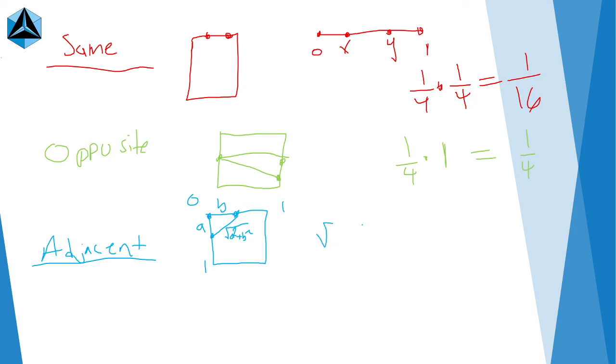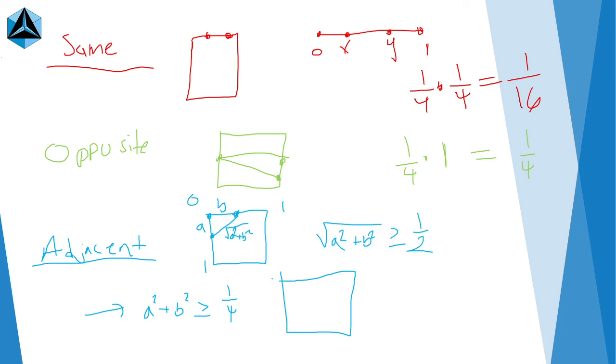So in this case, we want A squared plus B squared to be greater than or equal to 1/2, because it has to be at least. And this corresponds to A squared plus B squared is greater than or equal to 1/4. And in terms of our area, we can let this be the A and this be the B. We can see that this is a circle with radius 1/2 centered at the origin.